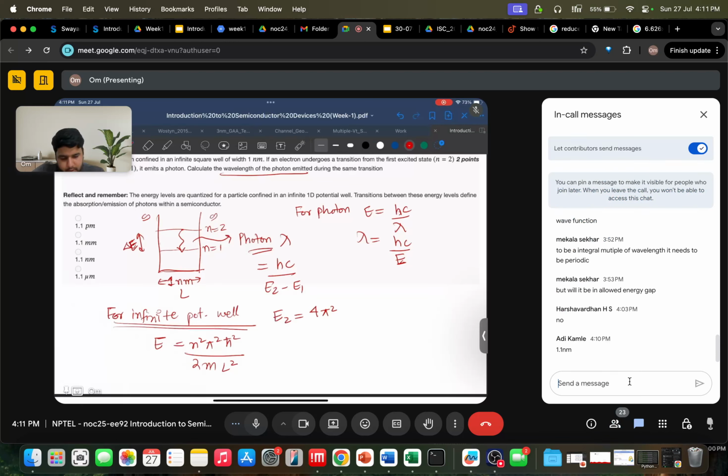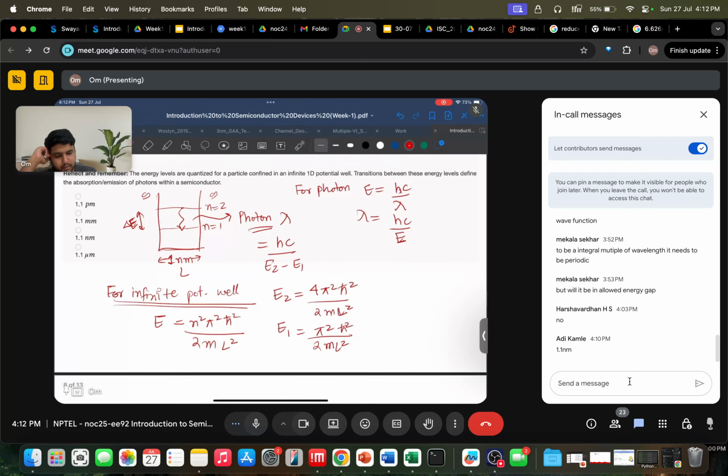So E2, we will put n equals 2: 4 pi square h cross square upon 2 m L square. E1, sorry, will be pi square h cross square upon 2 m L square.